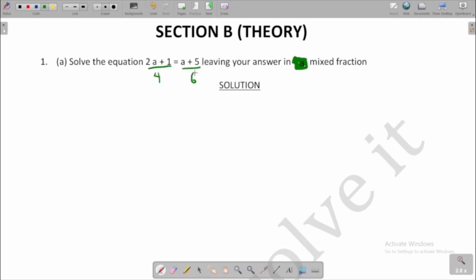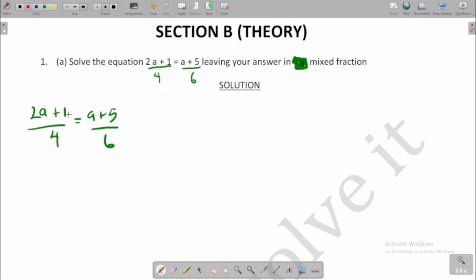So for the solution, let us write out the equation again: (2a plus 1) over 4 equal to (a plus 5) over 6.